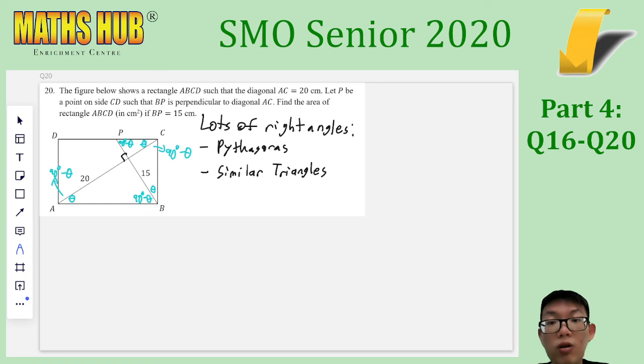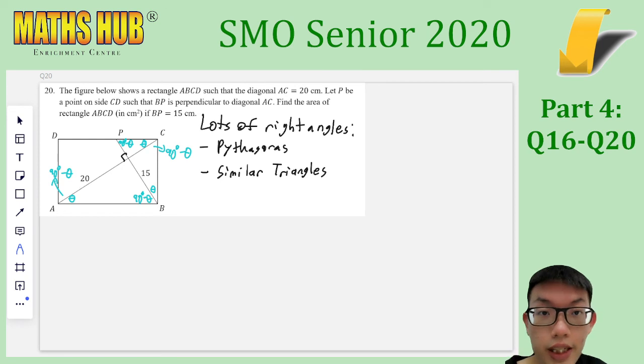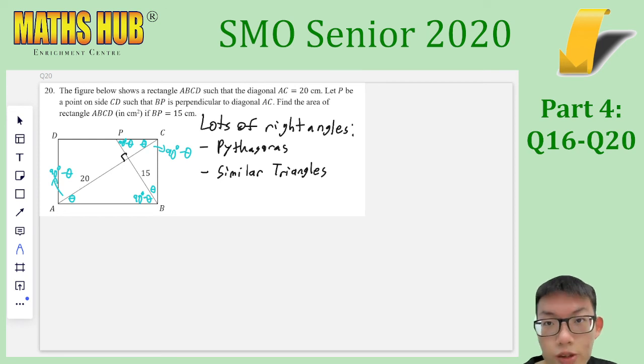And that means that all the right angled triangles in this figure are similar to each other. Since all the right angled triangles are similar to each other, a pair of lengths like 20 and 15 is already really powerful.